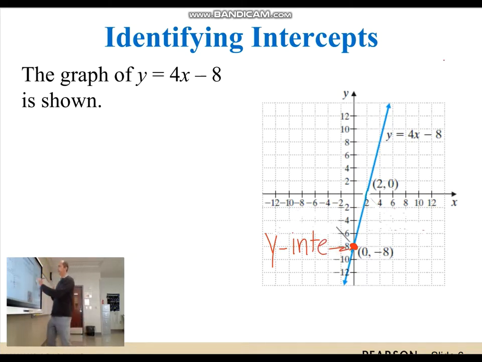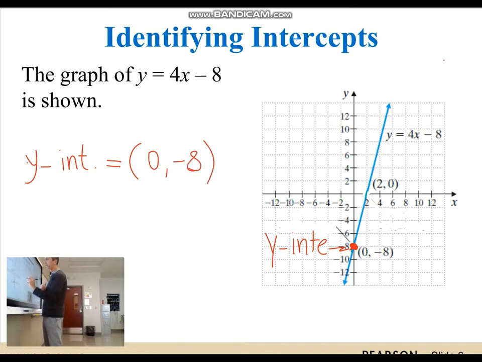And then we can write down the y-intercept: x equals 0, y equals negative 8. The other point that we are interested in is the x-intercept, where the graph intersects the x-axis, which is this one here.